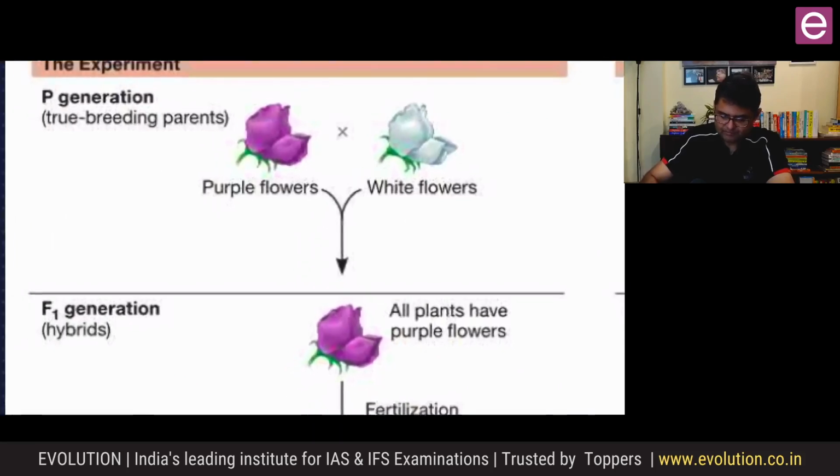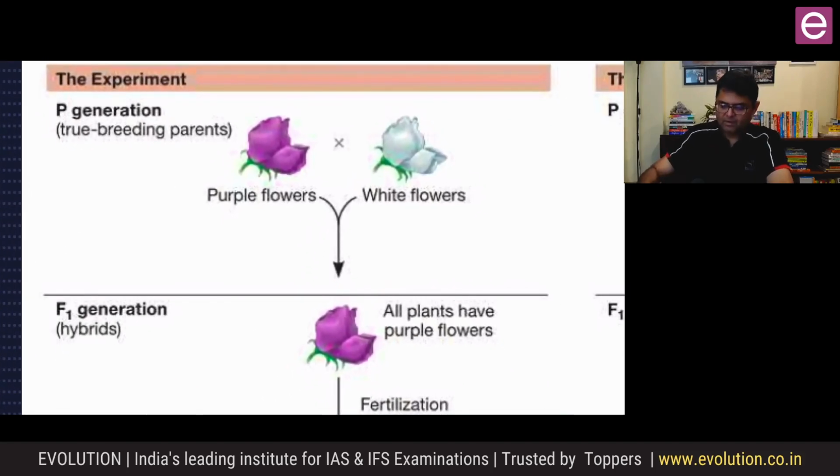So here, Mendel got pure purple flowers, which will only get purple if you continue to mate them with purple, and pure white flowers if you continue to mate them with white. Mendel crossed them. And Mendel was so wise that he performed reciprocal crosses.